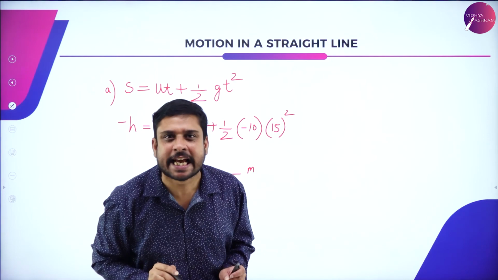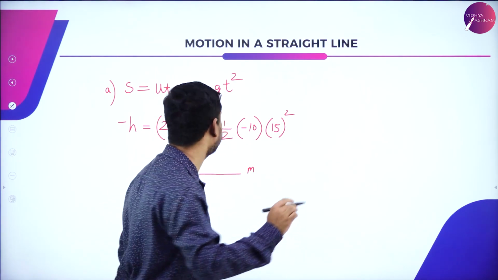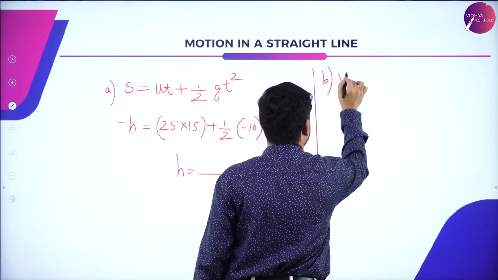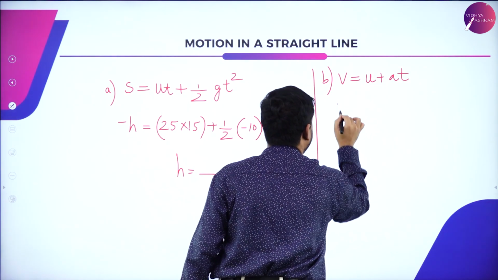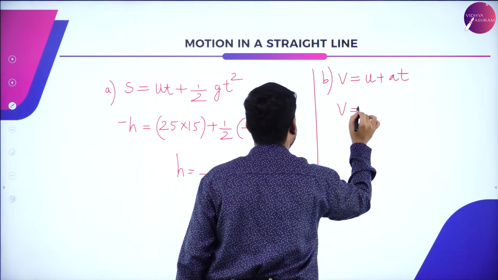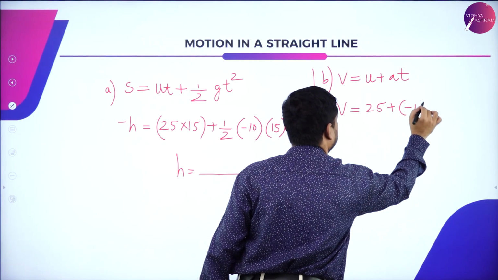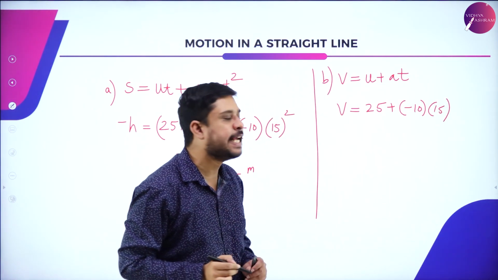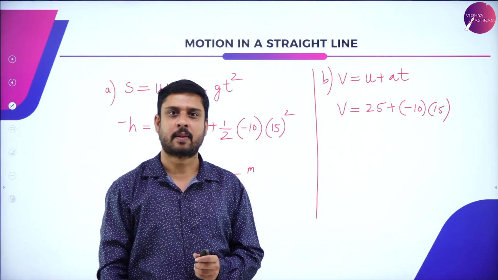I have just changed the data. Numericals, concepts remain same. Again, V equals U plus AT. Again, V has to be calculated. Again, you have a negative sign just indicating downward motion.